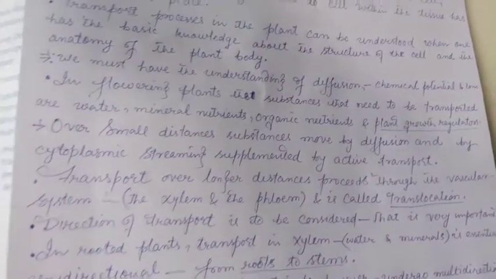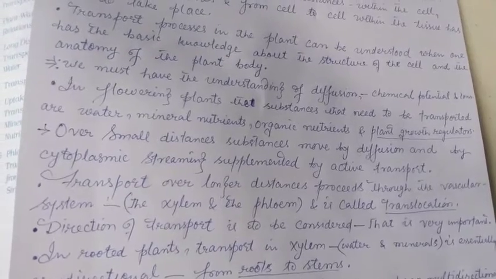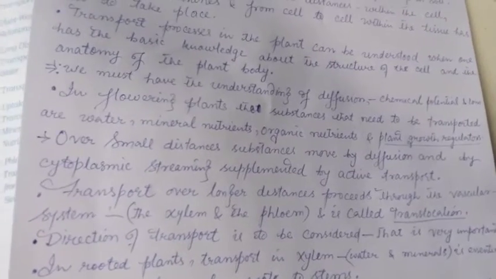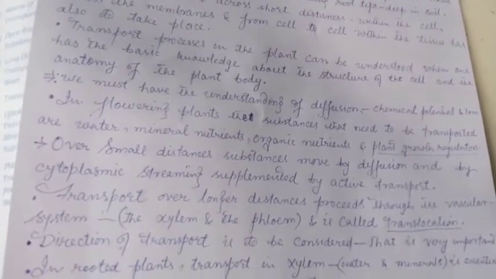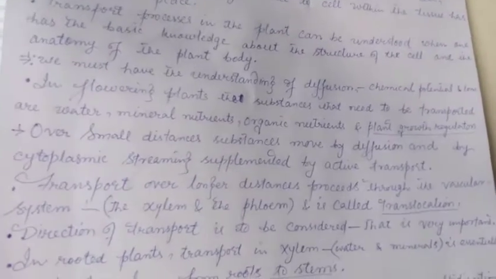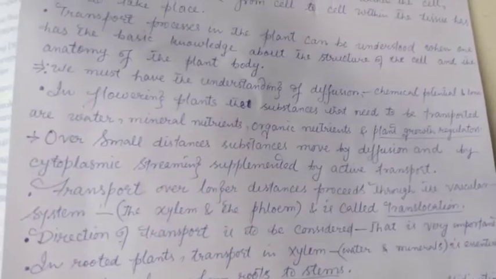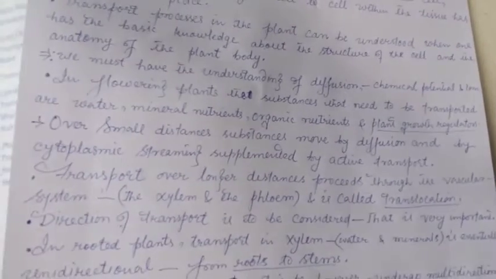Transport over large distances proceeds through the vascular system. You must be remembering the vascular system in the case of plants comprises the xylem and the phloem, and this is called translocation.